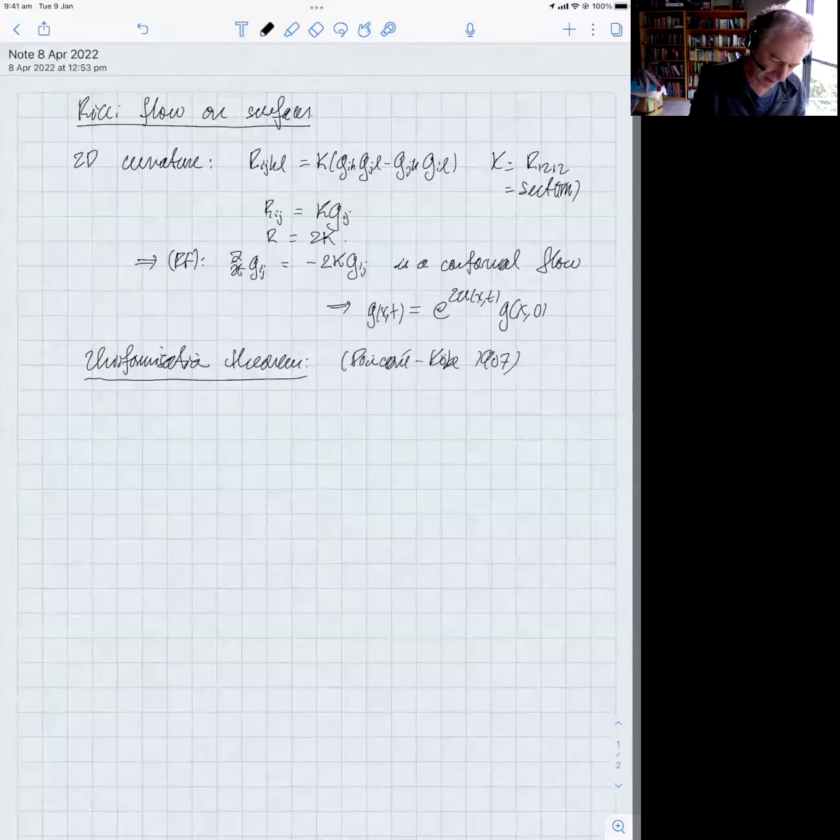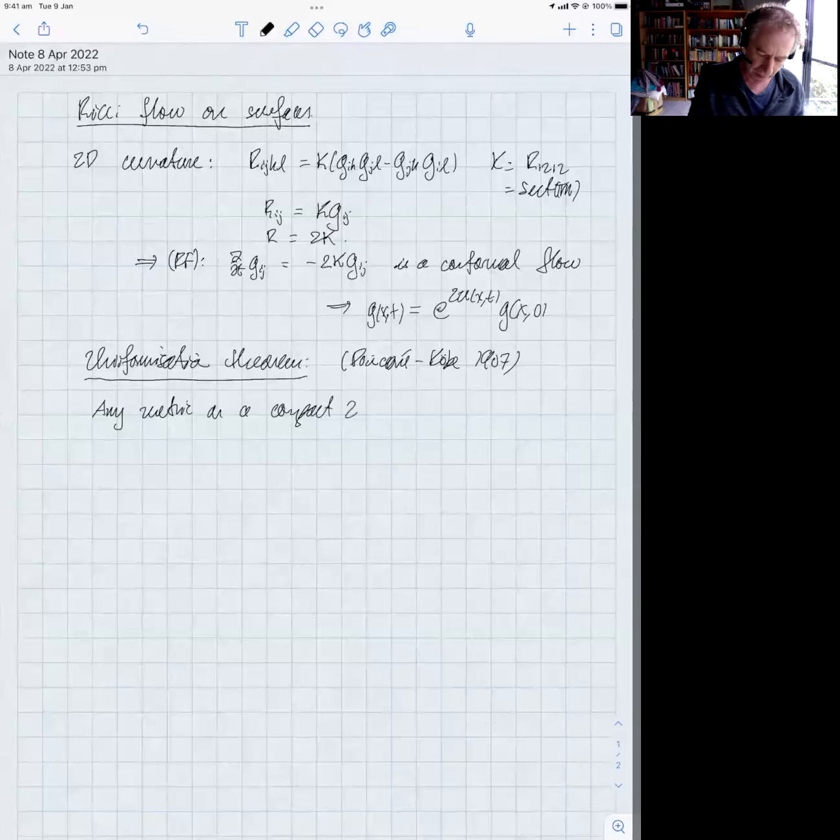So this just says, at least in the language that I want to use, any metric on a compact 2-surface, compact 2-manifold, is conformal to a constant curvature metric. So this would be just a constant k metric, constant sectional curvature.